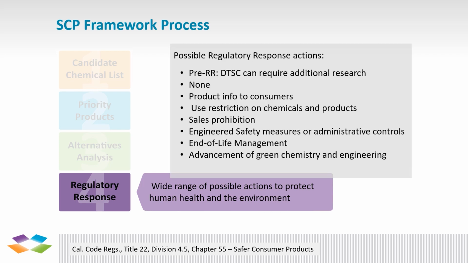Shown here are the regulatory response options at our disposal. This broad scope aims to provide the greatest level of inherent protection for human health and the environment. SCP may customize the regulatory responses to the unique situation of each priority product manufacturer.